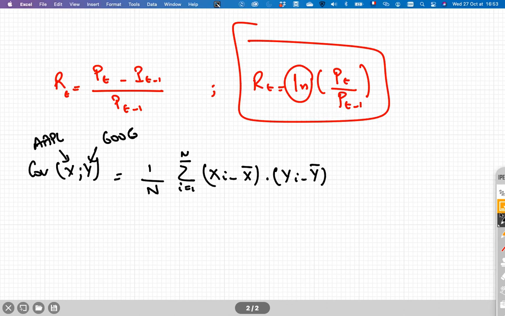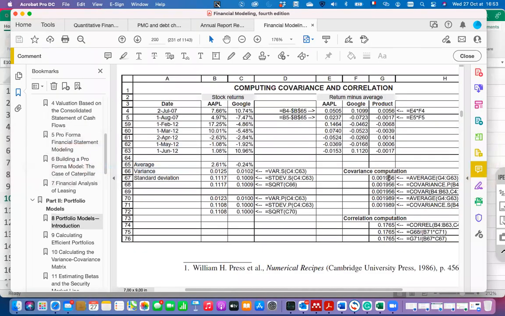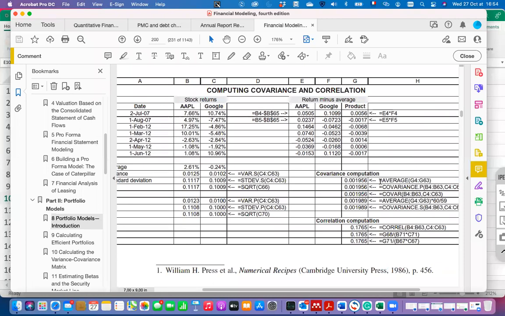So let's see how to do it. This is the textbook. See here, you have return minus average for Apple and for Google. You multiply them both, the product, right? Then you go to covariance here and take just the average of this product column, and you automatically get the covariance.